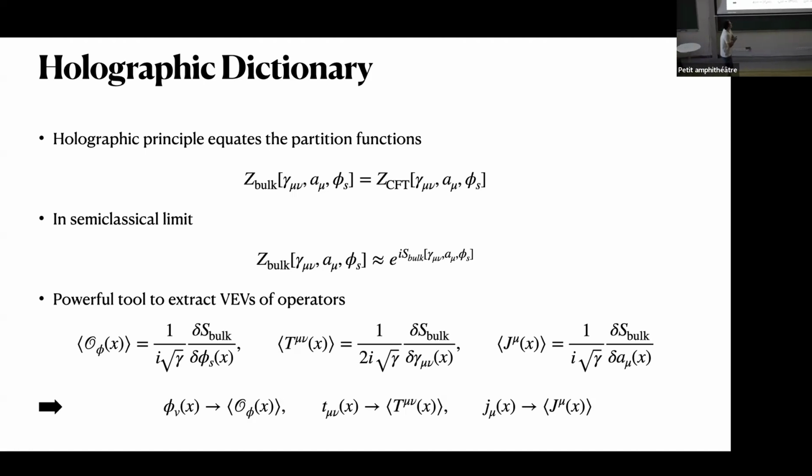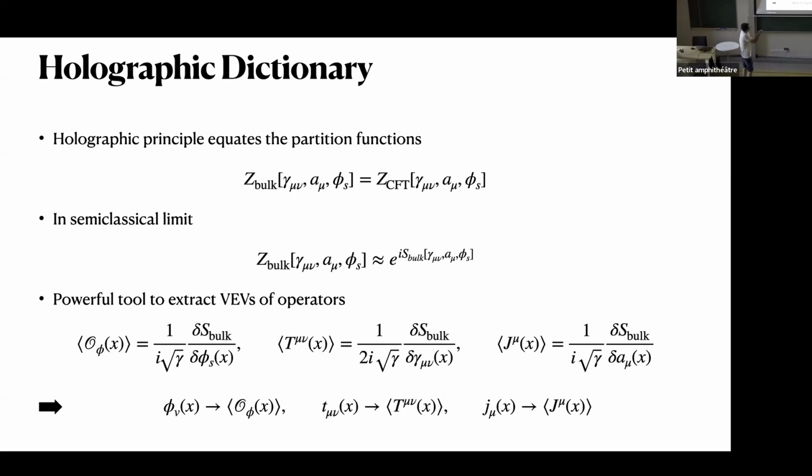So you can take now your partition function and compute functional derivatives with respect to your sources. If you have some scalar operator and you take the functional derivative of your partition function, you will compute the value of the scalar. If you do it with the boundary conditions of the metric, you will compute the value of the stress tensor. If you do it with the sources for your current, you will compute the value of your current.